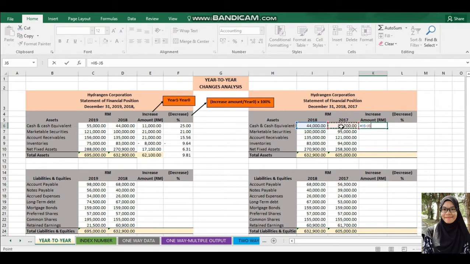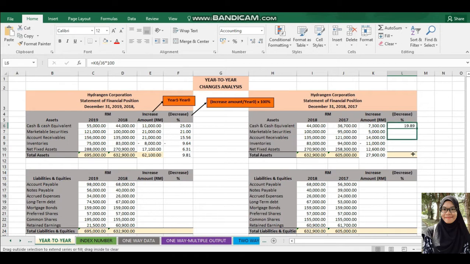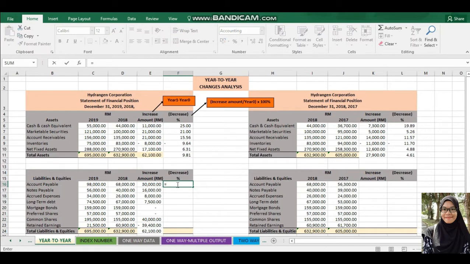And the same goes for the comparison that we want to make for year 2019 and 2017. And this is for the asset part. Next, we calculate the changes amount and the percentage for every liability and equity for the comparison between year 2019 and year 2018.